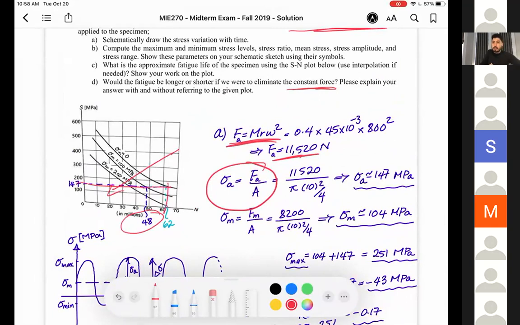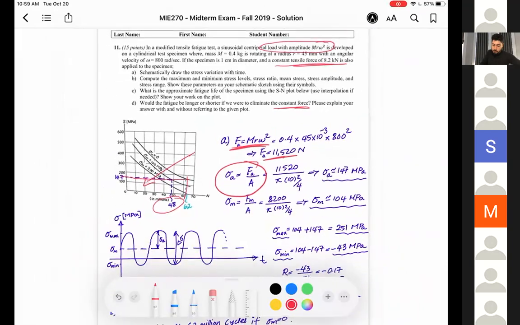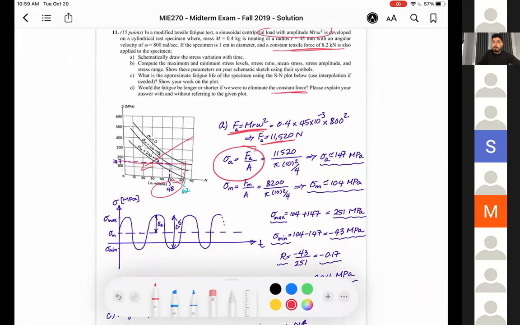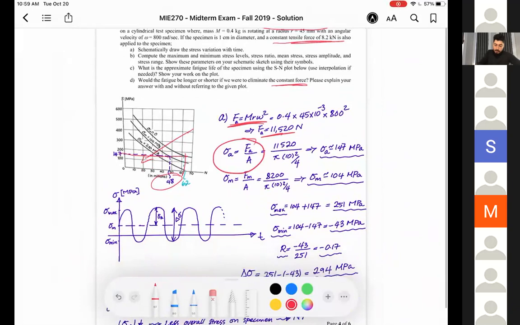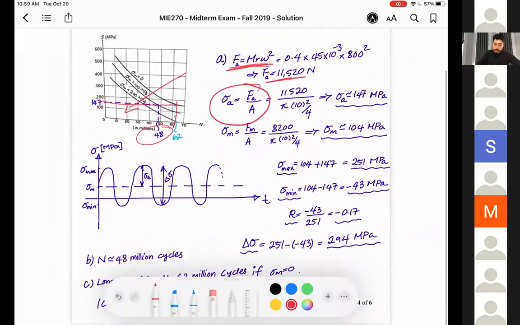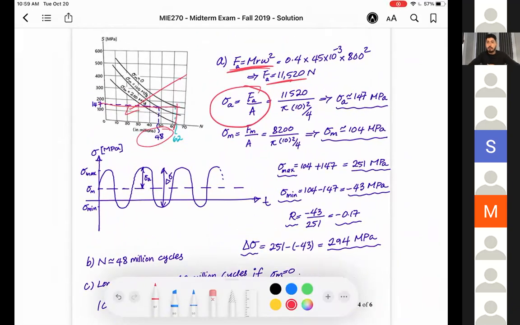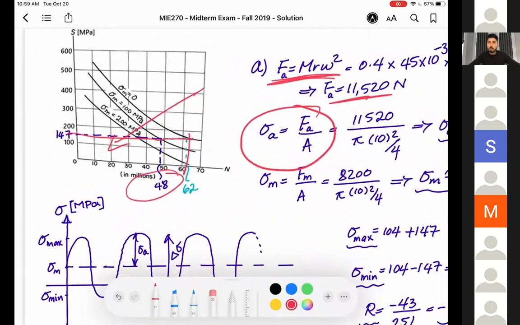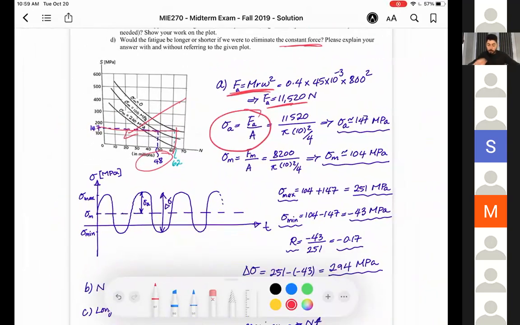So we're going to have a longer cycles to failure. Okay, so that was the trick on this question. There were 2 tricks. One, the force amplitude was modeled as an equation. And the second, if we eliminate the mean stress, will our cycles to failure increase or decrease? Based off of this and the schematic, we know it will increase.